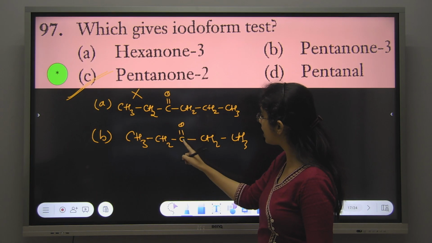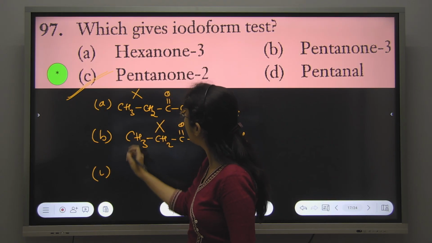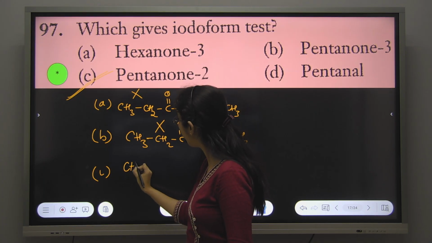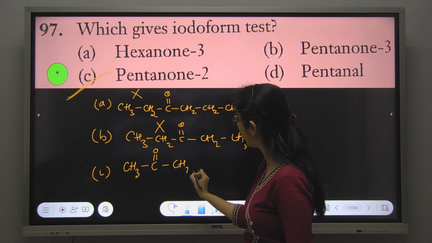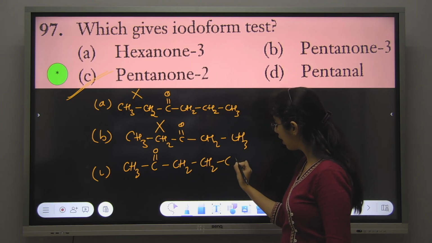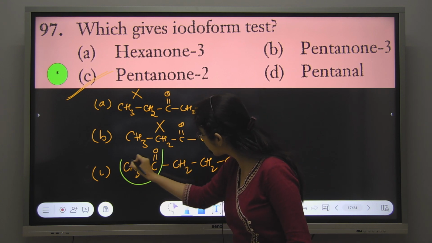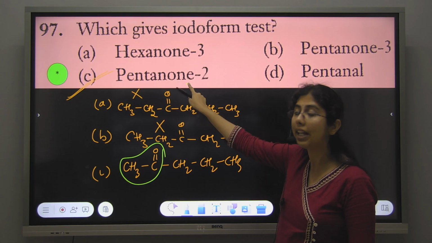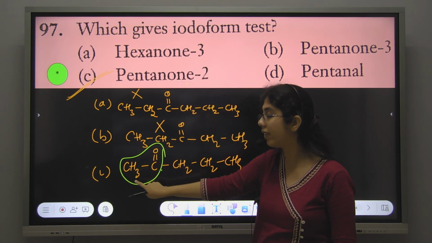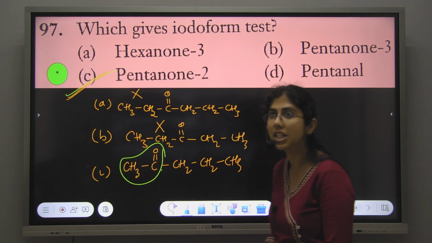Here also you have COCH2, not possible. If you take 2-pentanone, the structure would be like this. Look here, you have COCH3, so that is why this can give iodoform. Any compound with such a COCH3 group can give iodoform. Good, option C is correct.